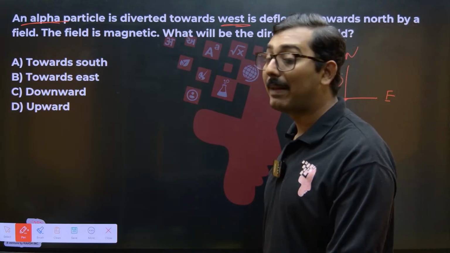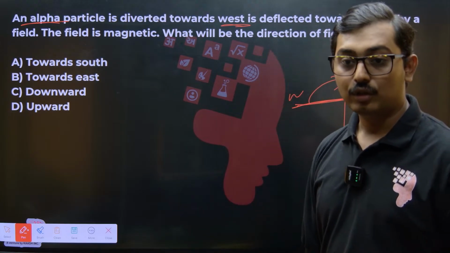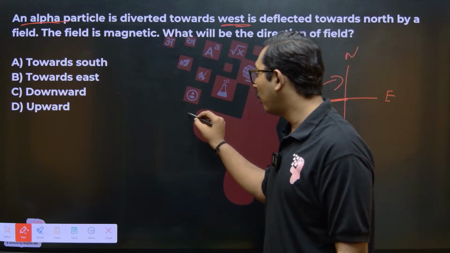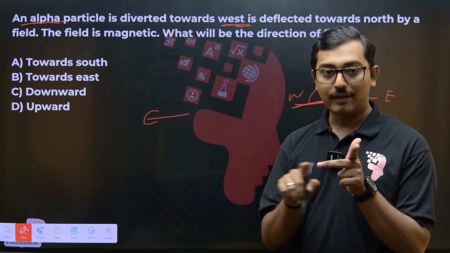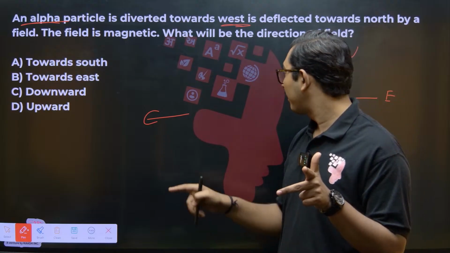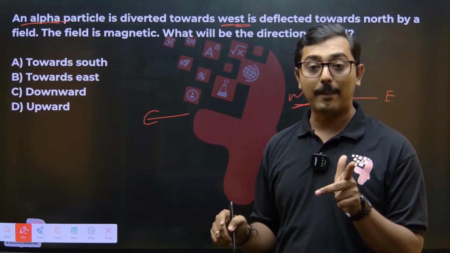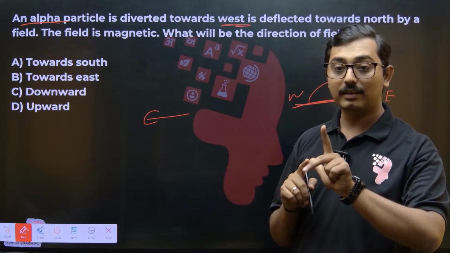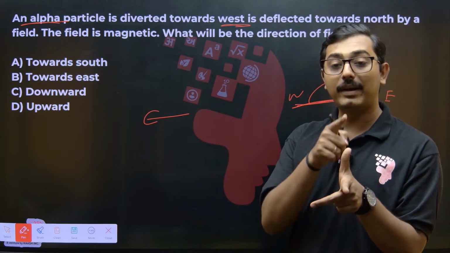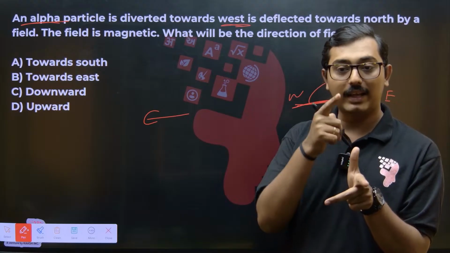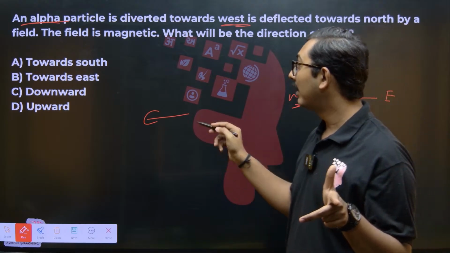The field is magnetic in nature. So the flow of current is in this direction. Where did the motion happen? The motion happened in the upward direction.